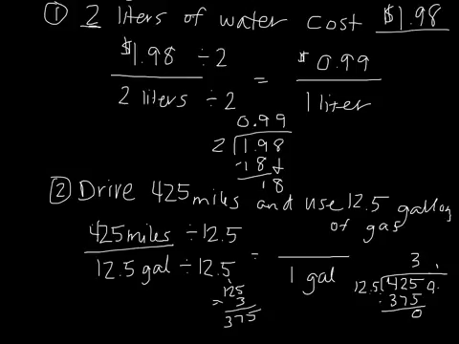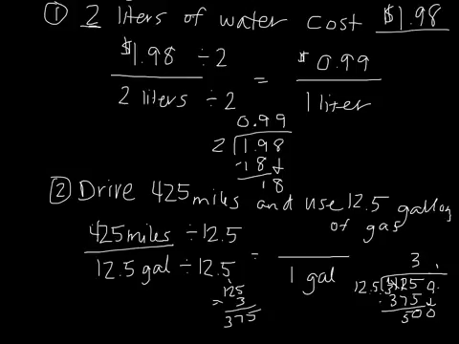2 minus 7, can't do it. 12 minus 7 would be 5. 3 minus 3 would be 0, so we'd get 50. Okay, so bring down my 0. How many times can 125 go into 500? So I know 3 is 375.